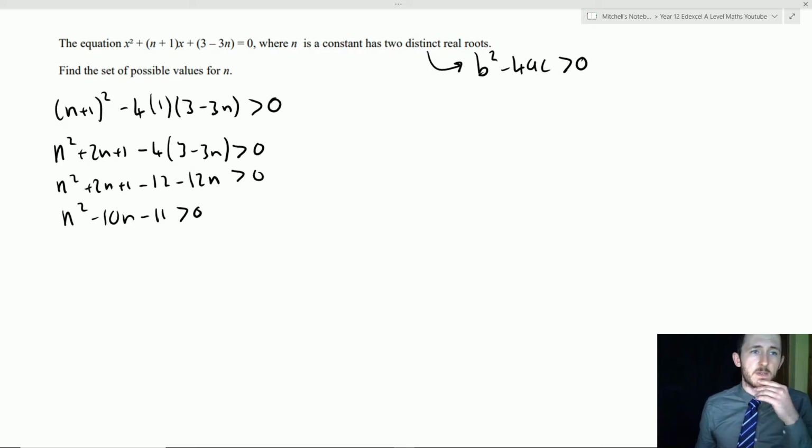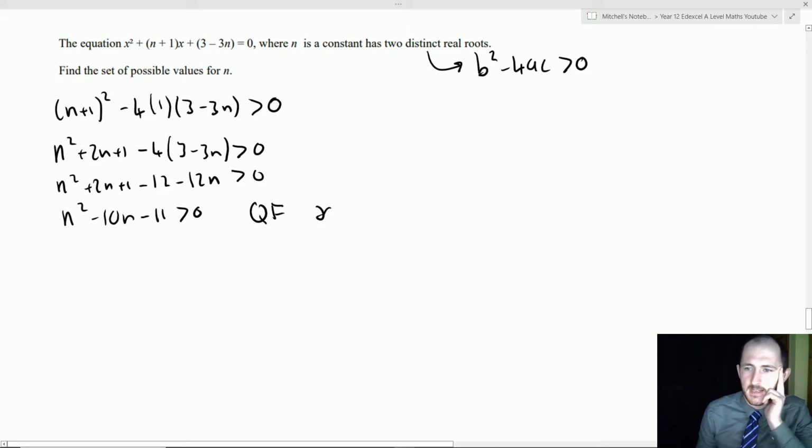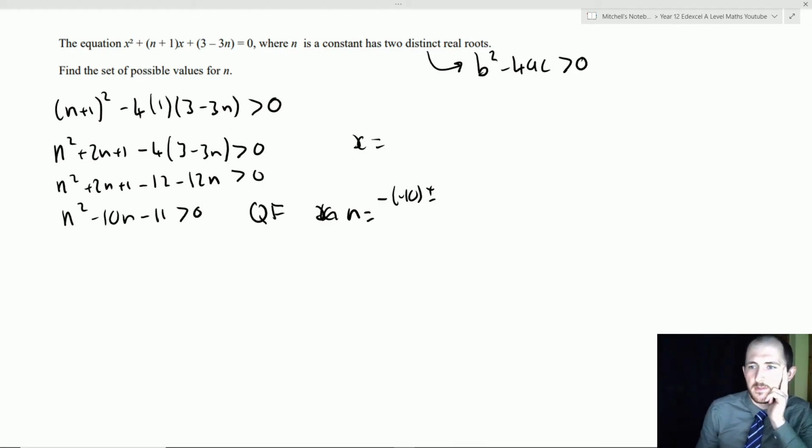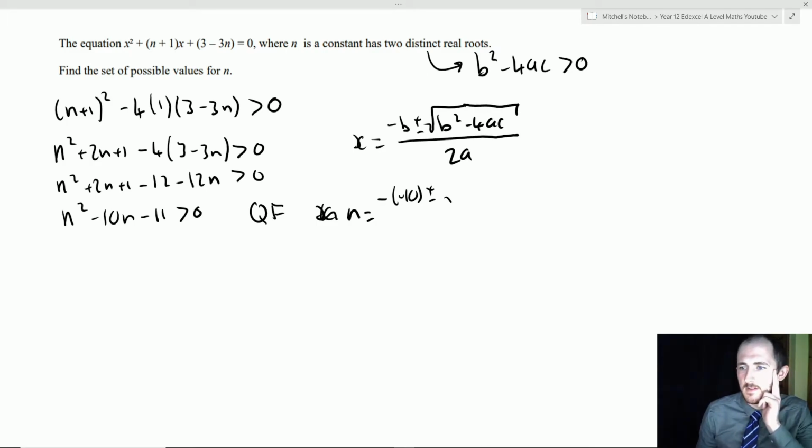So you can't actually do this without using the quadratic formula. Or you can use completing the square. So with the quadratic formula, we're going to use n equals minus 10. Actually, let me write out the quadratic formula for you as a reminder. Plus or minus the square root of b squared, so minus 10 squared, minus 4ac.